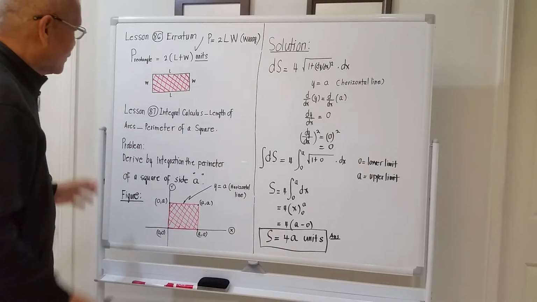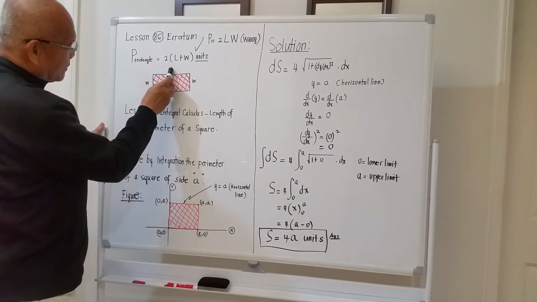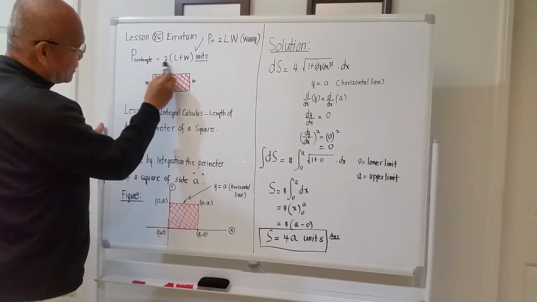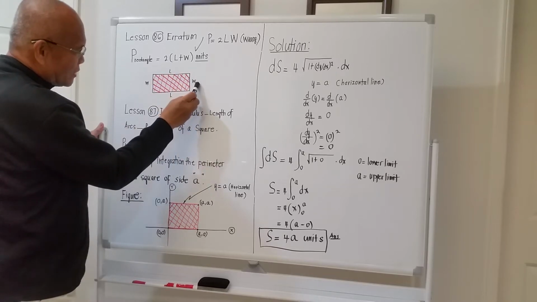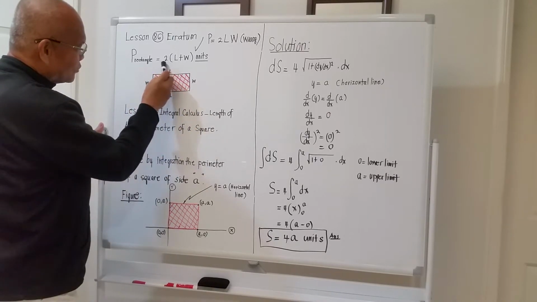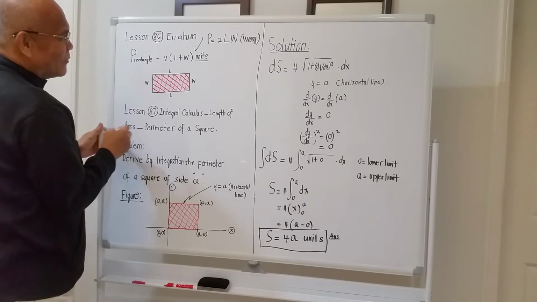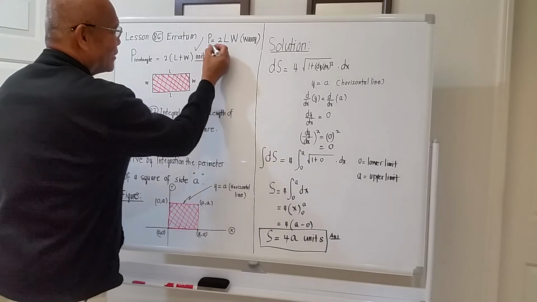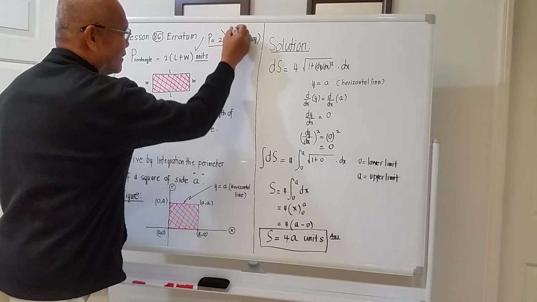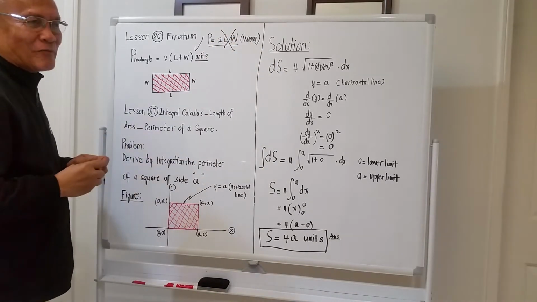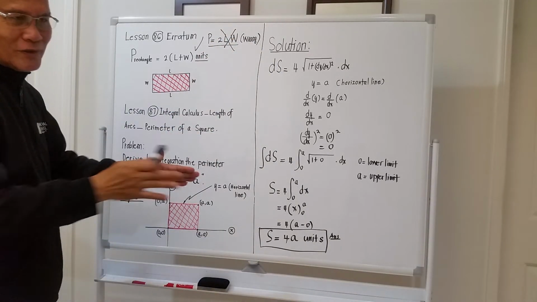It is obvious. The perimeter is actually L plus L, that's 2L. And this is width, so this is 2W. So this one has no meaning, you know. This is wrong. I miswrote it. My computation was correct.